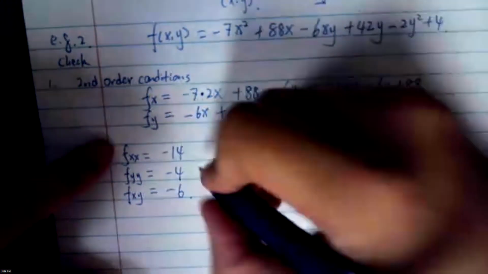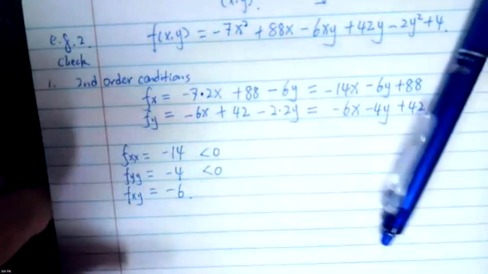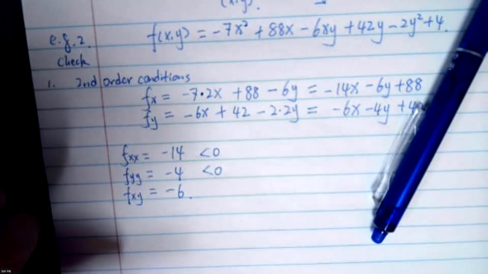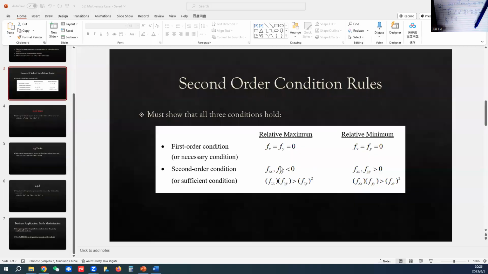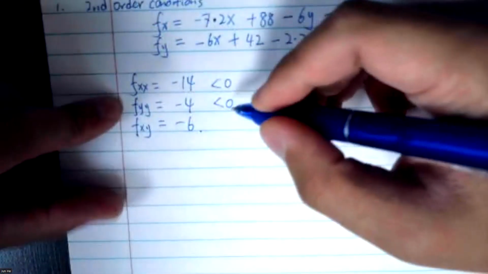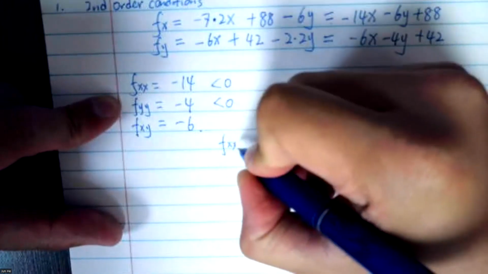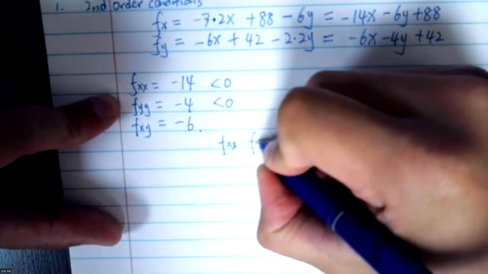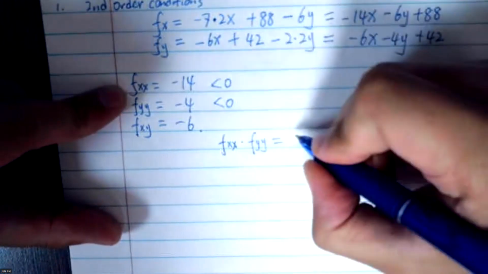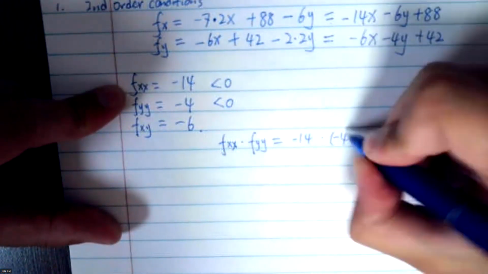Okay, so the first one is smaller than 0, the second one is smaller than 0. So we are actually on the track of a maximum here. Okay, and we still need to check the cross term. Here it is fxx times fyy, that equals minus 14 times minus 4.